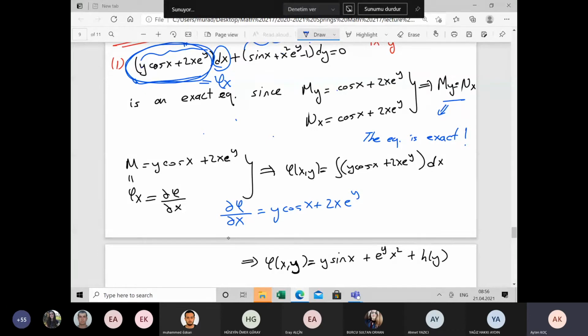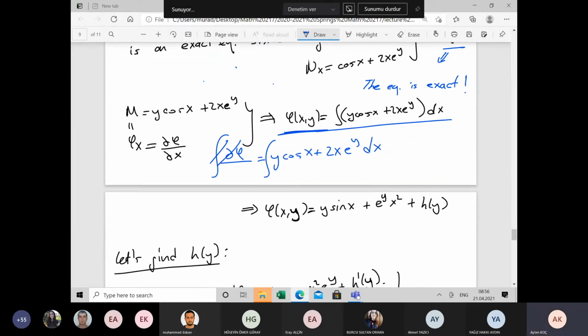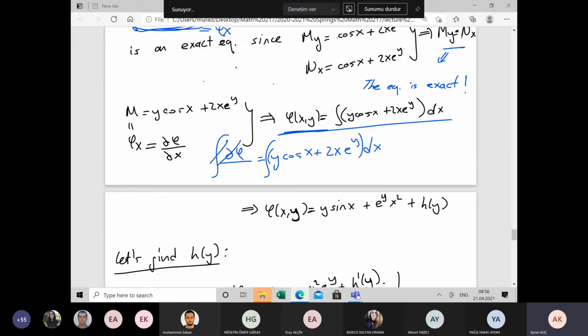Rewrite this: we obtain d phi over dx, and take the integral with respect to x. So we obtain phi(x,y) as the integral of this.